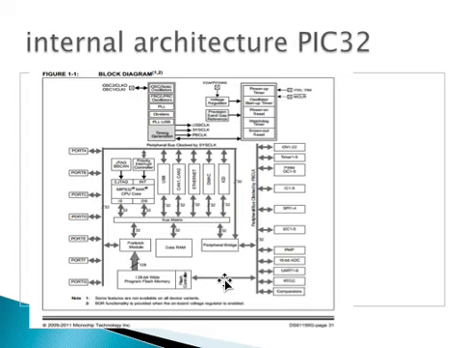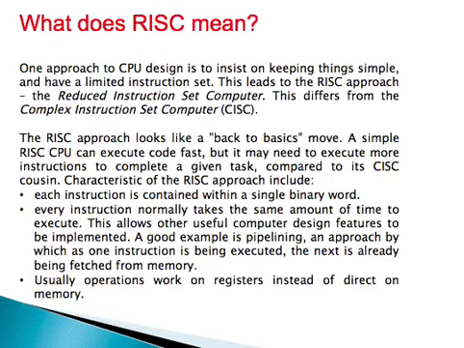You can use one of the timers, for example, to write a real-time operating system, or to time things on and off. So it's got various features that you can use. So that's the internal architecture of a microprocessor.